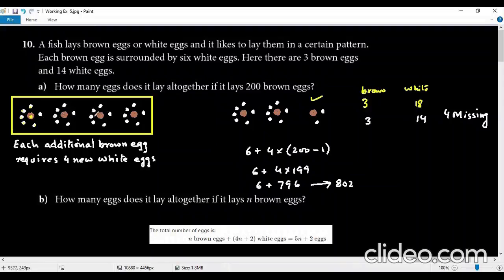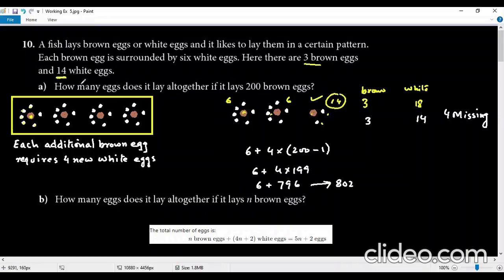Now it says 3 brown eggs and 14 white eggs. So what does it mean? It means that it is 1, 2, and 3 brown eggs, and instead of 18 white eggs, it has only 14 eggs. So please be reminded of this. This one is 6 white eggs, and this one is 6 white eggs, 12, and plus 2, giving you 14, which is according to the question over here.